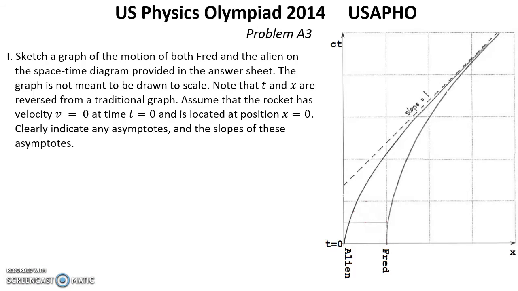Solution. Here we have a graph of ct as a function of x, and because the spaceship is moving with acceleration g, in the regular case we have on the axis ct linear in time, and x quadratic in time.